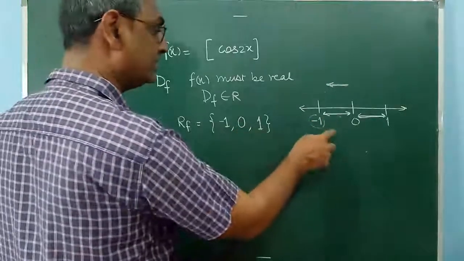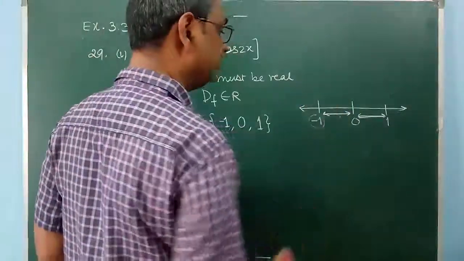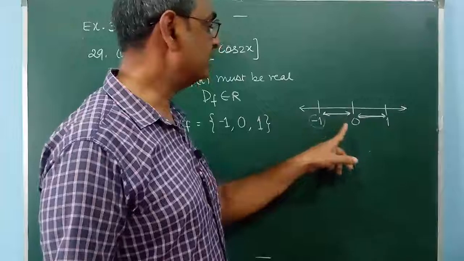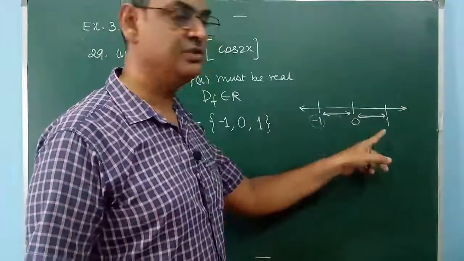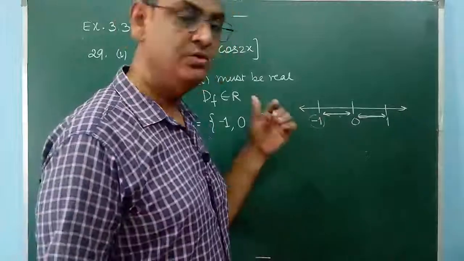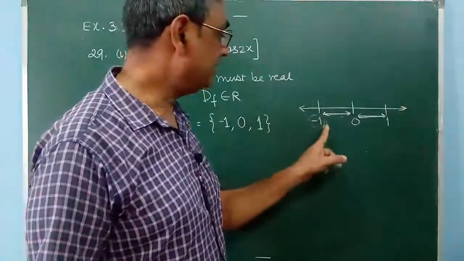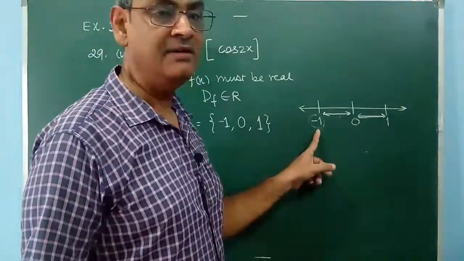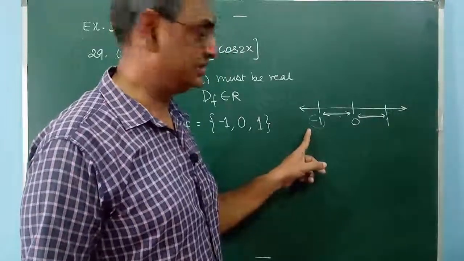You have to understand this, this is very important for you. In the further chapter we will be doing this. So the greatest integer is always the value that you are seeing, -1, 0 and 1, because they are integers. No decimal value we are having. Whenever you are finding the number in between the two numbers with the decimal form, we have to see the number towards the left, the nearest number towards the left.